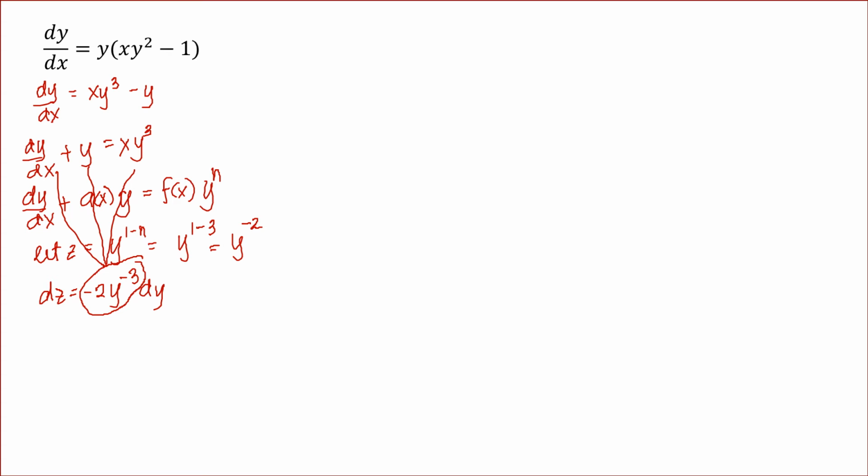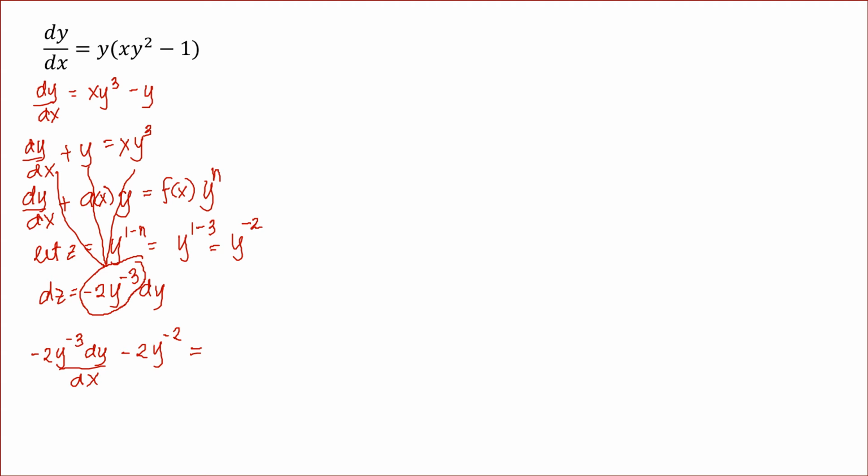So -2y^(-3) multiplied by dy/dx gives -2y^(-3) dy/dx, and -2y^(-3) multiplied by y gives -2y^(-2). A negative 3 exponent multiplied by a positive 1 becomes negative 2.